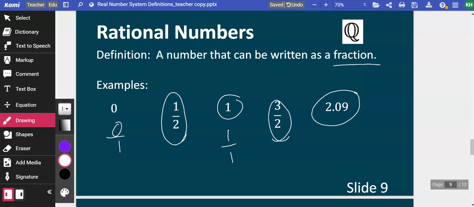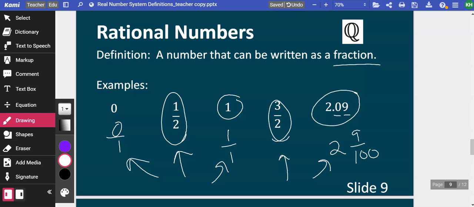And then 2.09, we're going to use place value, so tenths, hundredths. So I place the 9 over 100. So 2 and 9 100ths. I'm showing you that every single one of these examples is a rational number because each of these can be written as a fraction. If you can write them as a fraction, then they're rational numbers because rational numbers can be written as a fraction.